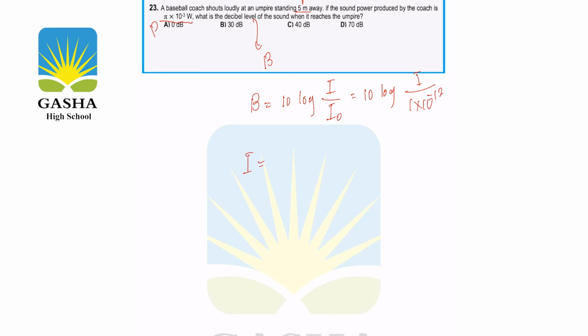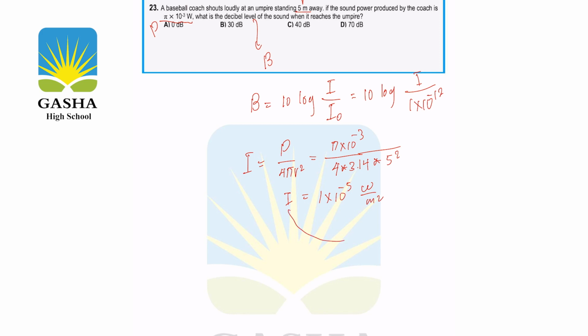Intensity of sound is power divided by 4 pi r squared. Power is pi times 10 to the power negative 3, over 4 times 3.14 times 5 squared. And intensity of sound will be equal to 1 times 10 to the power negative 5 watt per meter squared.